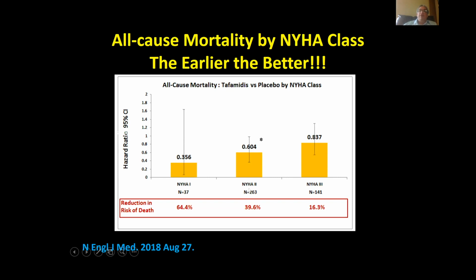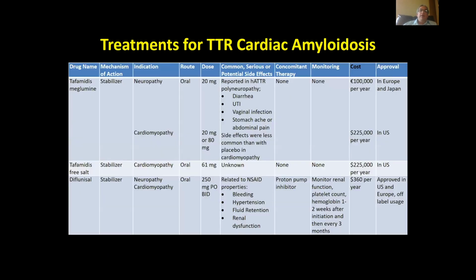The majority of the patients in the trial were class 2, but the relative mortality reduction here was 64% in those with class 1, 39% in those with class 2, and non-significant in those with class 3. So earlier is better, certainly for stabilizer therapy.